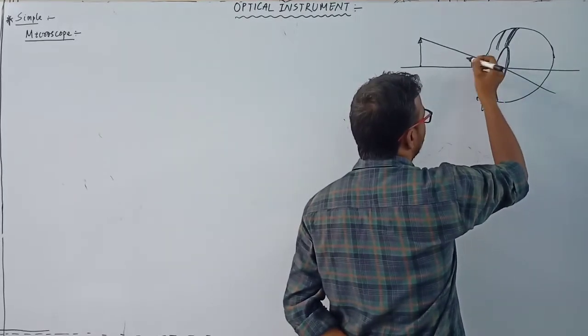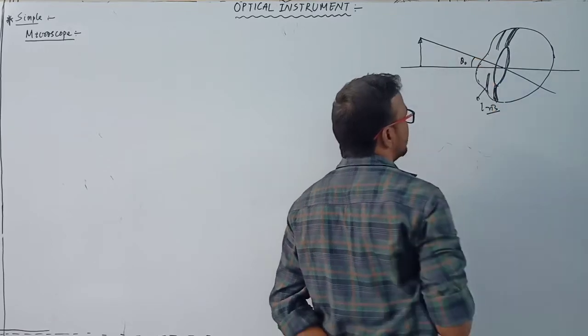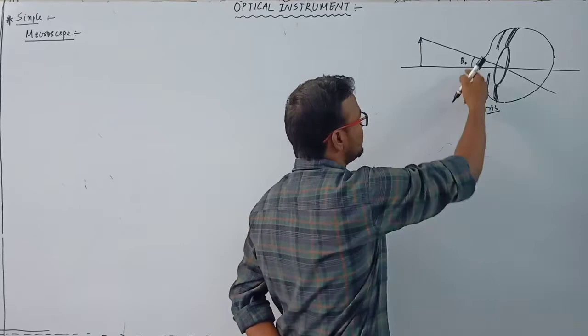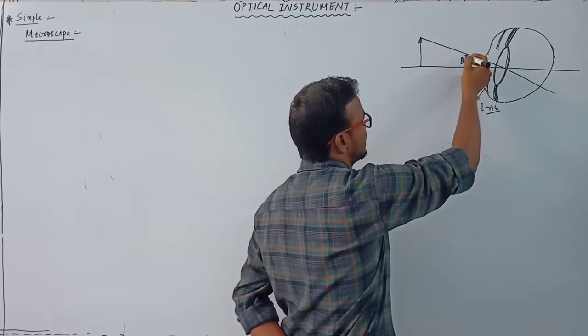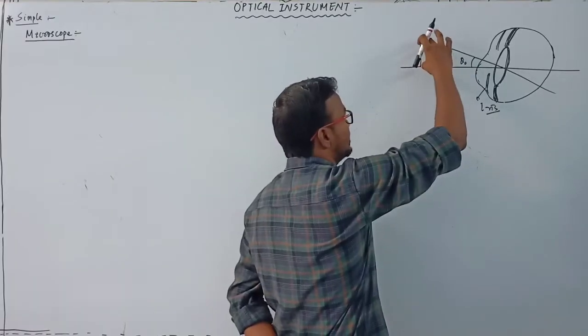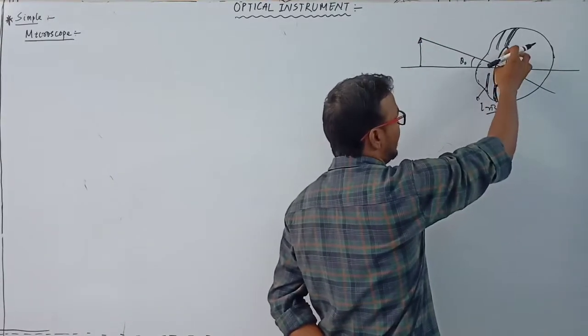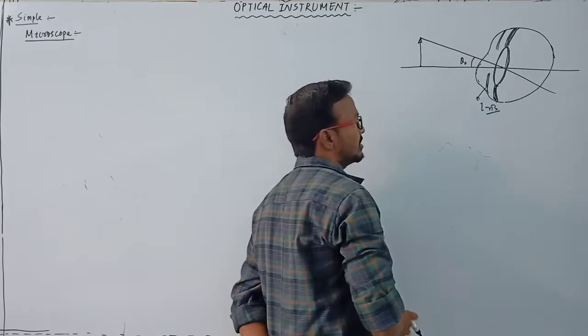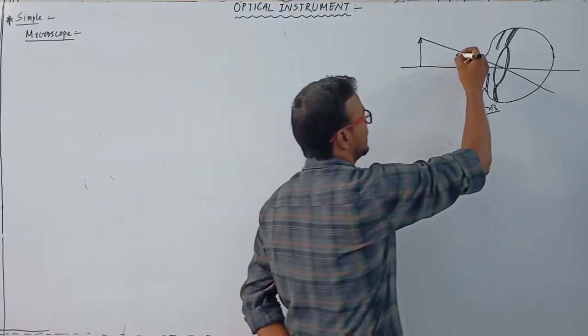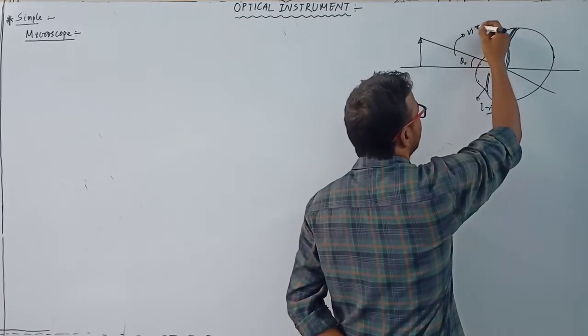So suppose this angle is theta naught. What is theta naught? This object subtends an angle at the eye, and this theta naught is that angle. This theta naught is also known as the visible angle.